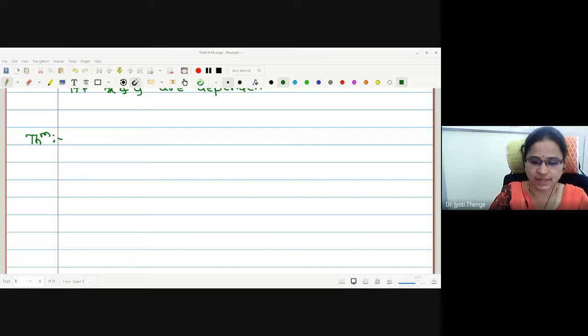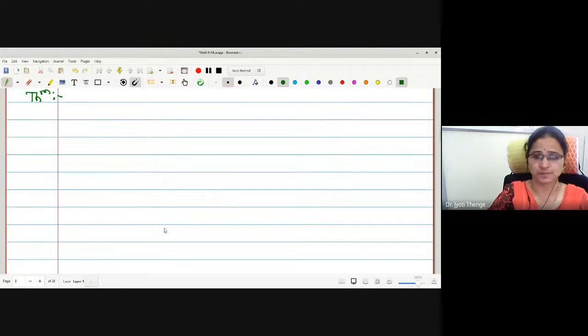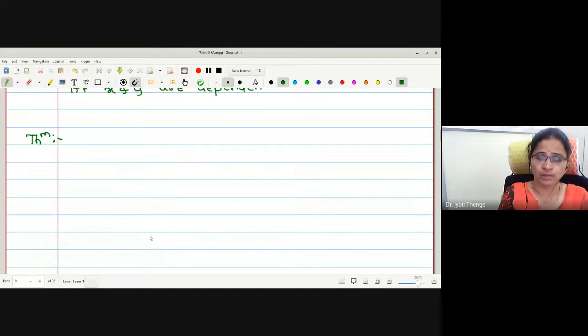We'll go for the next theorem. In this theorem, we are going to show that every inner product space is a normed linear space. Okay. In order to show it is a normed linear space, what do we have to do? We have to define one function norm, and we have to verify that it satisfies all the four conditions of norm.